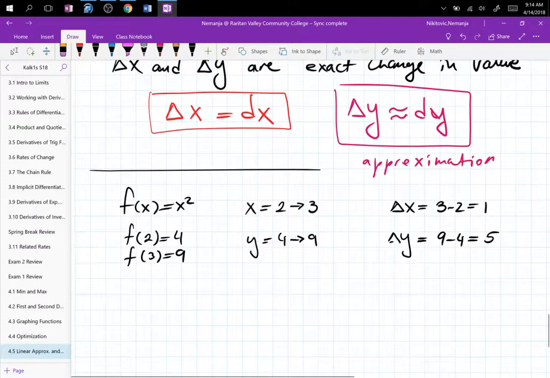Now, what do differentials do? Differentials say, instead of computing the exact change delta y, I can easily compute dy, which is close enough. Because generally you don't need things to be precise to the 15th decimal when you are dealing with almost everything that we deal with as a species.